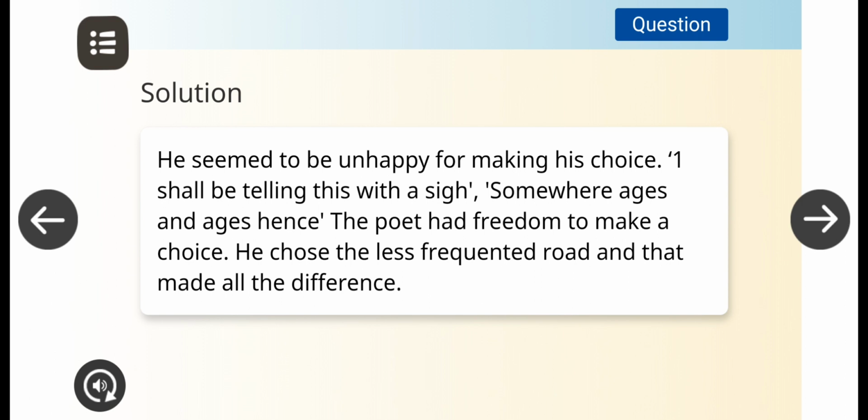Somewhere ages and ages hence, the poet had freedom to make a choice. He chose the less frequented road, and that made all the difference. And he is sure that it is because of his choices that he is facing the results that he has got then, that he is at that particular period of life where he is happy or sad because of the choices he had made earlier.